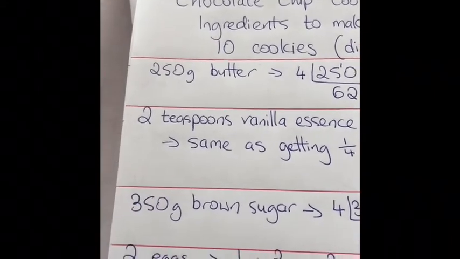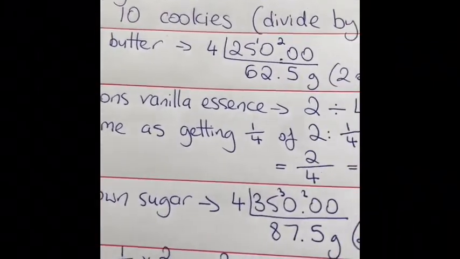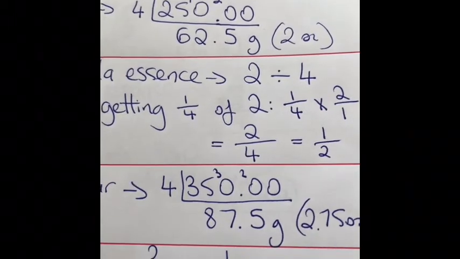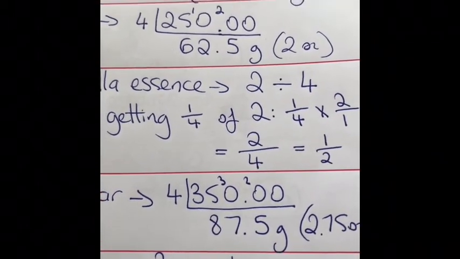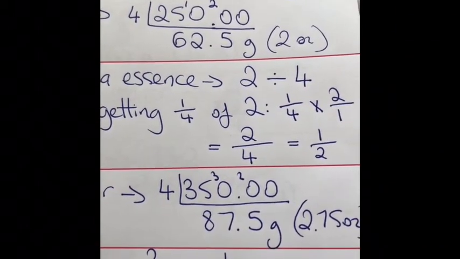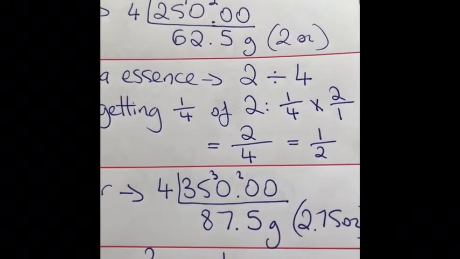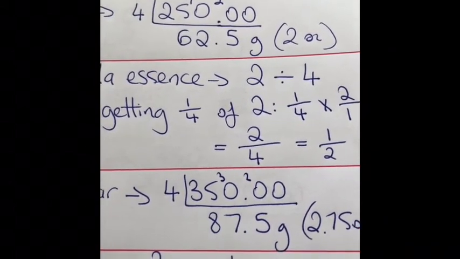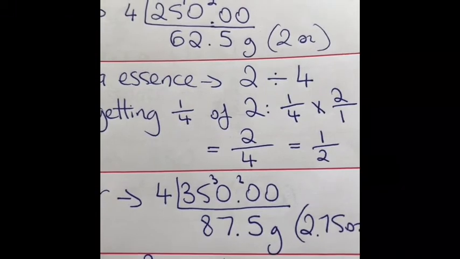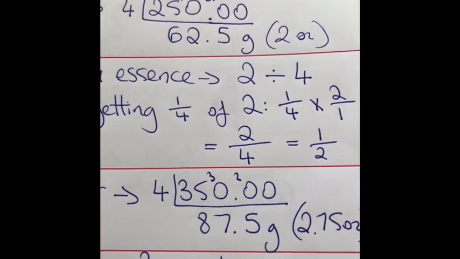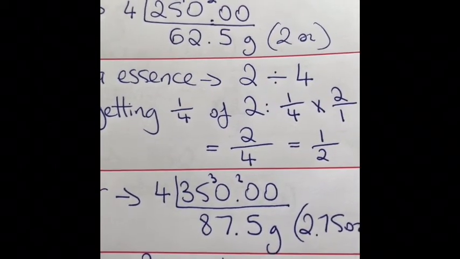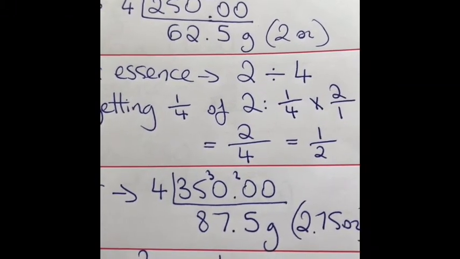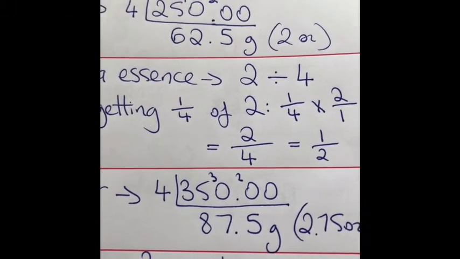All right, 350 grams of brown sugar. We're going to divide 350 by 4 again. 4 into 35 goes 8 times because it's 32, 3 left over. 4 into 30 goes 7 times. And remember, when we're doing division again, we might need extra zeros. Put on your decimal point with your zeros there.